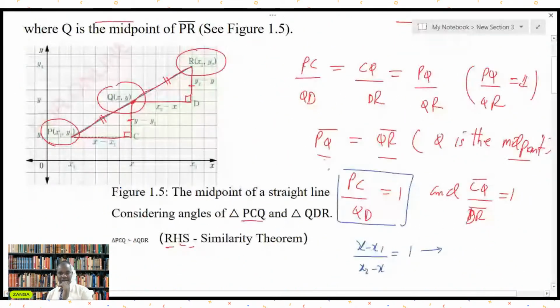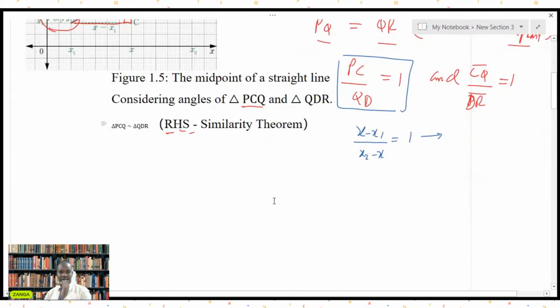When you go to the screen once again, now we have from here, I'll be taking x minus x1 equals x2 minus x.